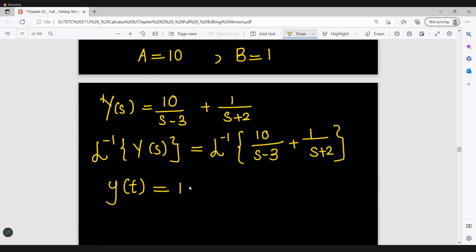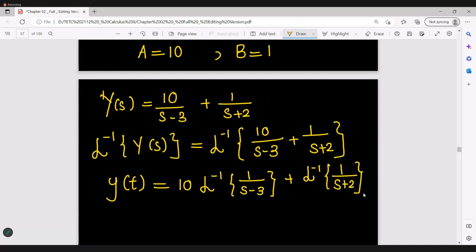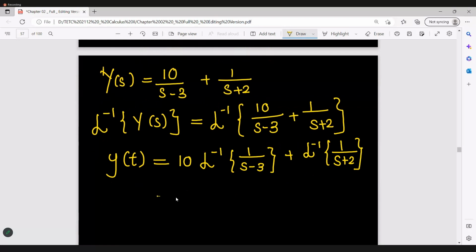We can write this as, by taking 10 out, L inverse of 1 over S minus 3 plus L inverse of 1 over S plus 2. So what should be the answer? 10 times.